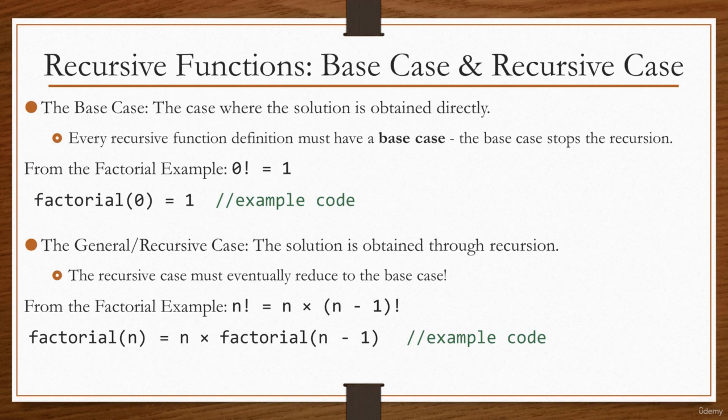Then we also have the general or recursive case. Now for this, the solution is going to be obtained through recursion. The recursive case must eventually reduce to the base case to again stop the recursion. Now from the factorial example, the n factorial expression is the recursive case, because you can see again we have between brackets n minus 1, and that is also factorial, so that can lead to another factorial calculation. It's just another expression example.